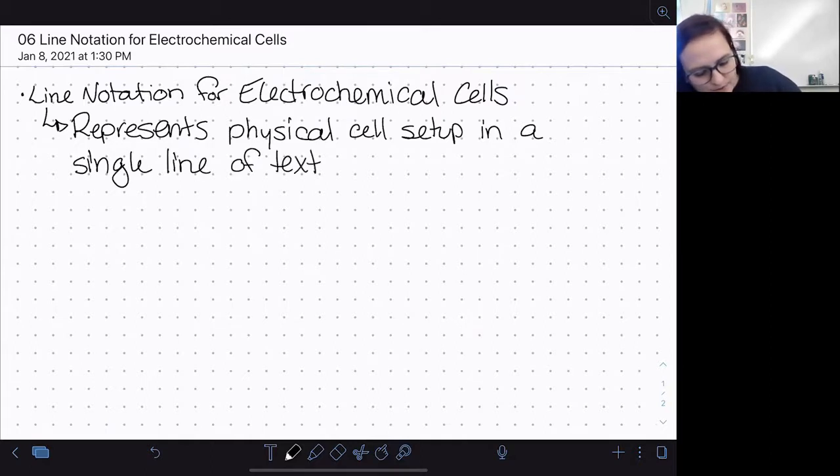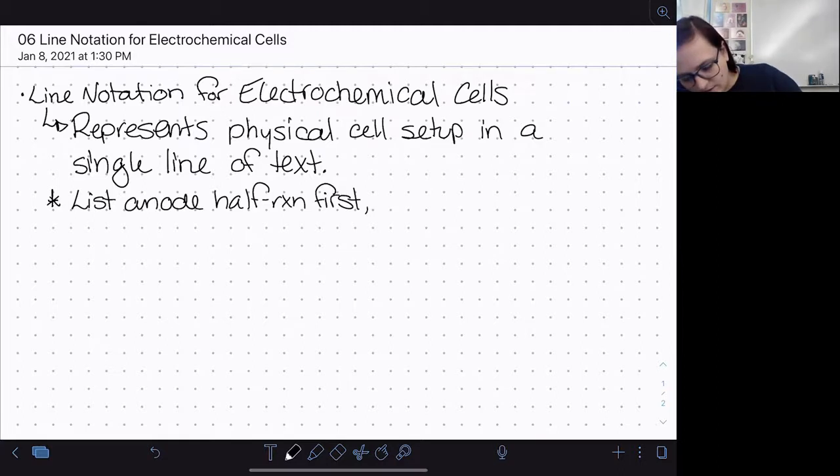There are quite a few little intricacies to the formatting that I'm going to spell out in an example. But the general gist of line notation is that we list the anode half reaction first, reactants and then products.